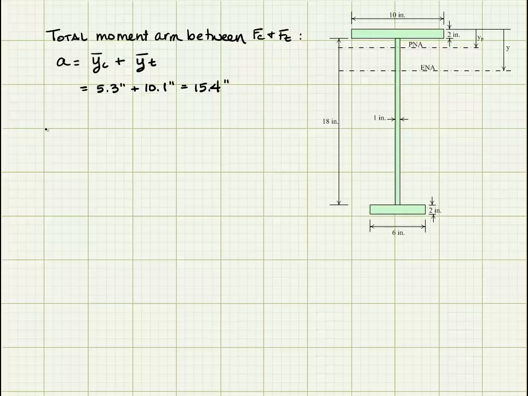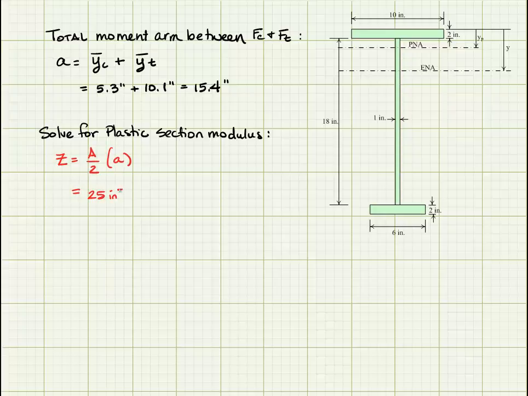So now it becomes very easy to solve for the plastic section modulus. Z is equal to A over 2, my total area, times 1/2, times that moment arm between the force resultants. So I have 25 square inches times 15.4 inches, which gives me a plastic section modulus of 385 inches cubed.